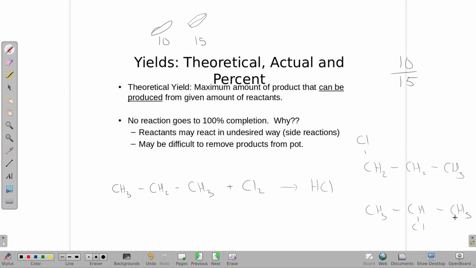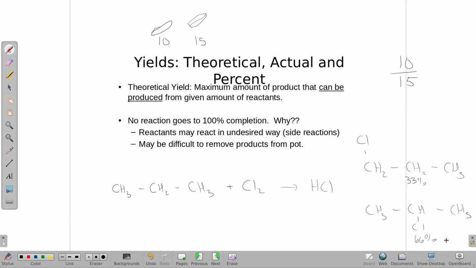And we have almost no control over it. That's going to happen in mixtures all the time. Matter of fact, this happens about 33% of the time. This happens about 66% of the time. And there's not much we can do to control those. When it comes to putting chlorine on a propane like that, that's what you're going to get.